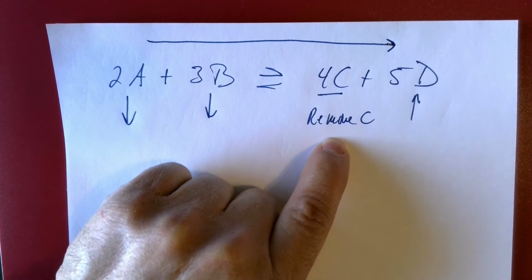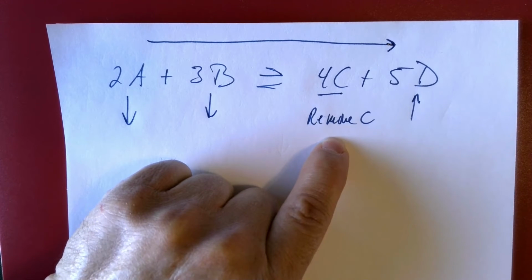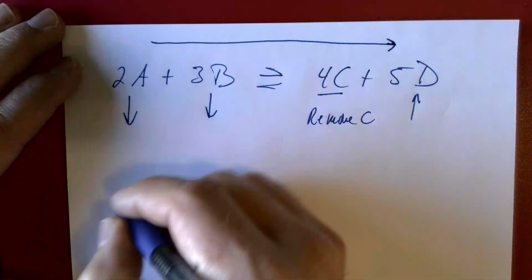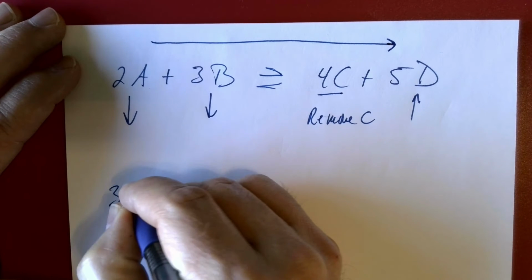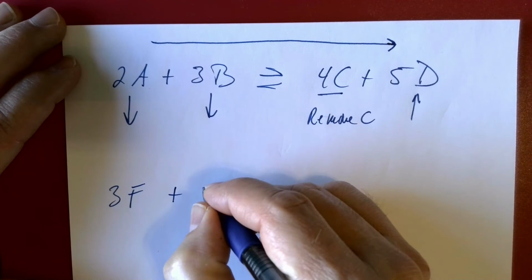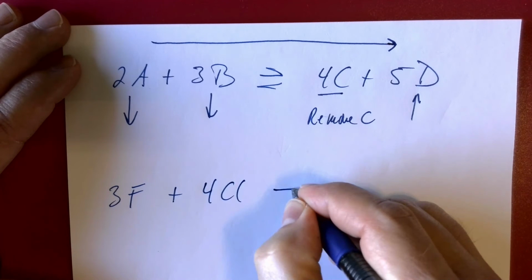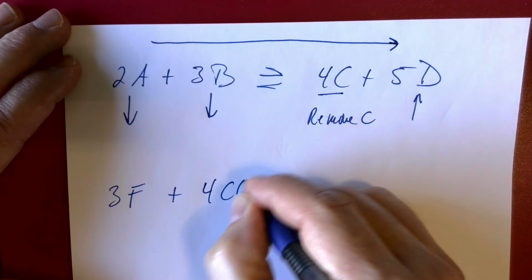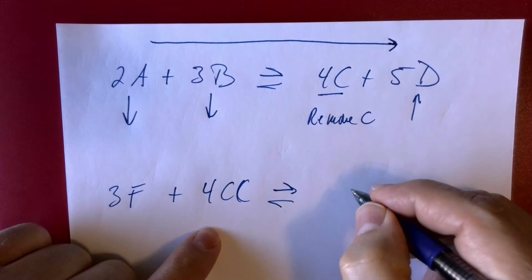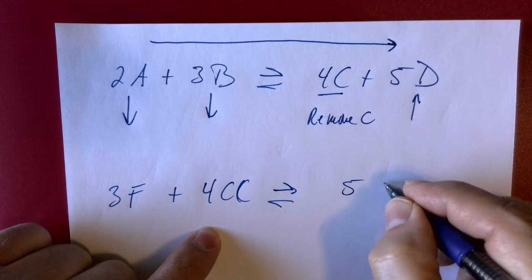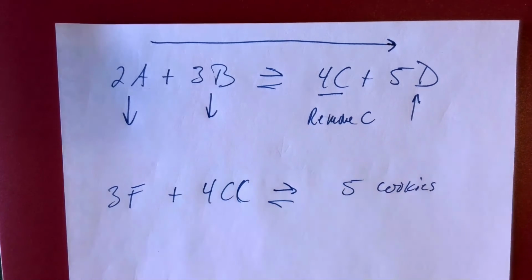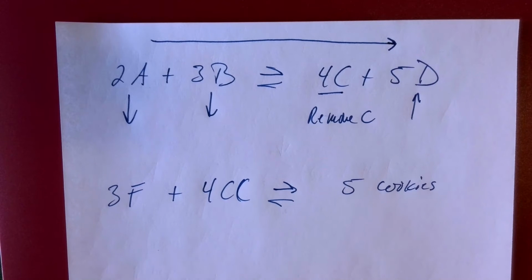Okay, the analogy I used to use really wasn't very good, but watch. So let's say I've got 3 flours plus 4 chocolate chips, and I want to make 5 cookies over here. Okay? Now, let's say I mix this up and I bake my cookies, right? The minute I pull my cookies out of the oven, my little brother comes in and he eats them.